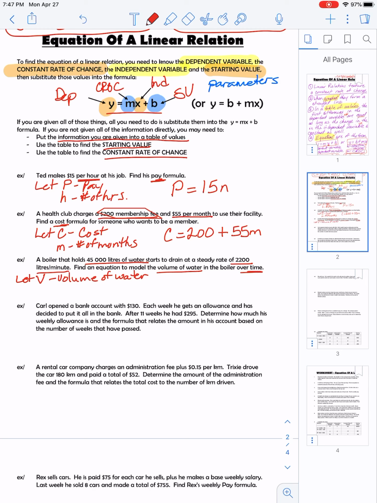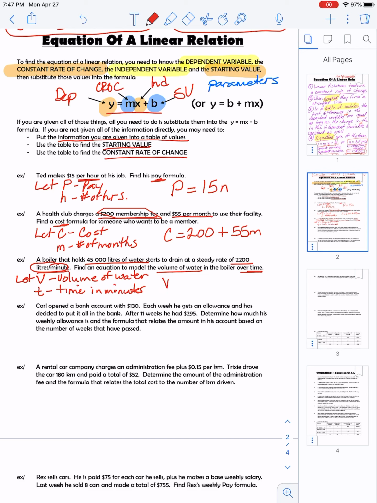And how is the volume changing? Well, it's changing over time. It's time that's making the change happen, because the water is draining over time. So I'm going to say T, and this is in liters per minute. So I'm going to say T is the time in minutes. We're not going to do per hour, because we know how it's draining per minute.